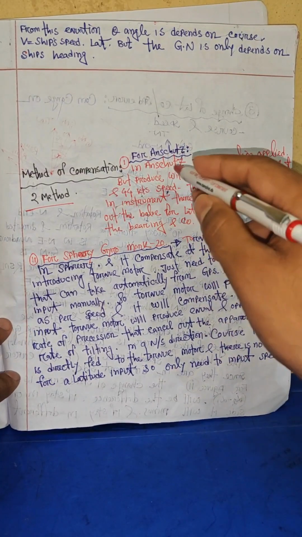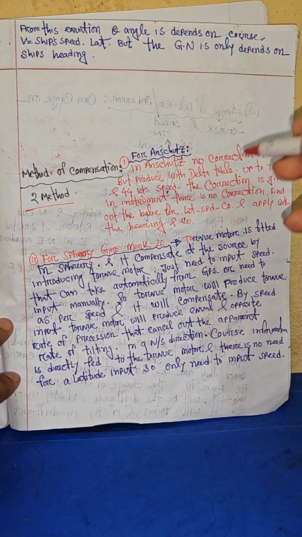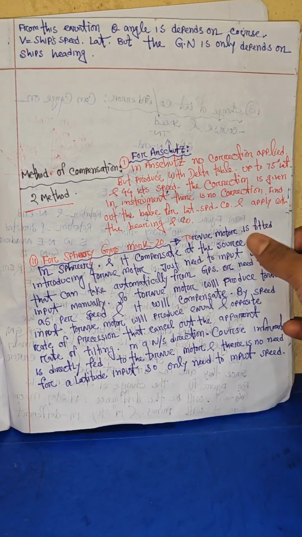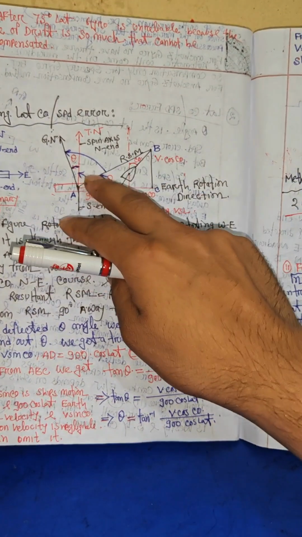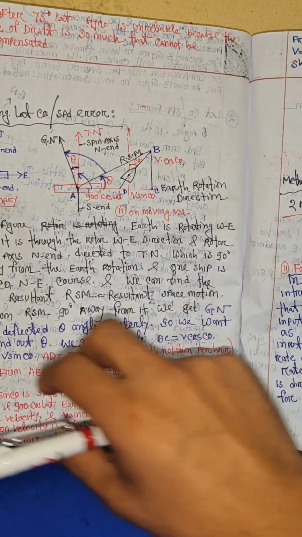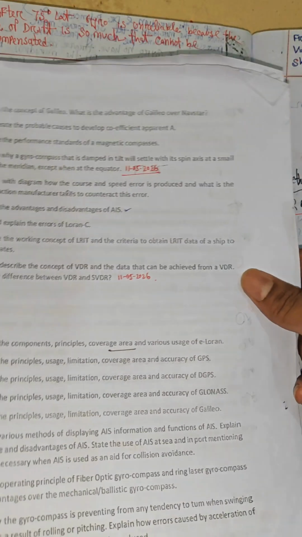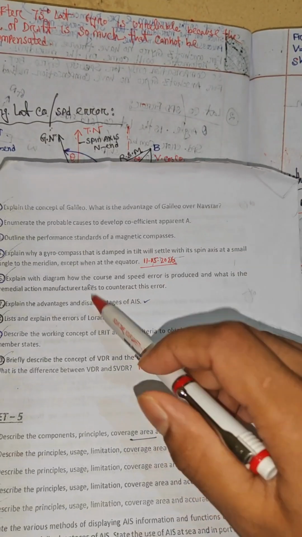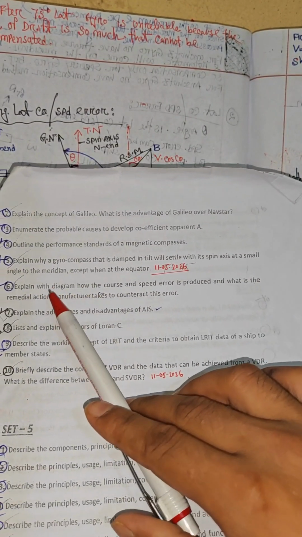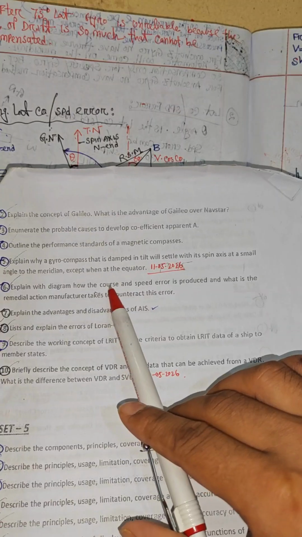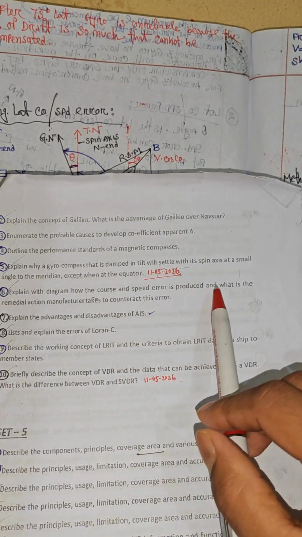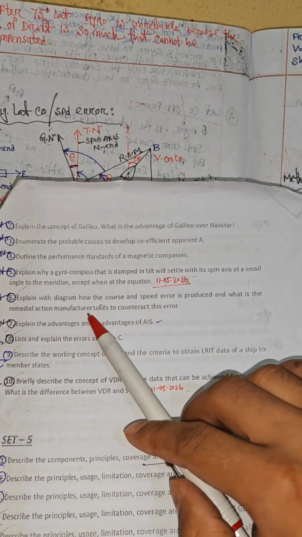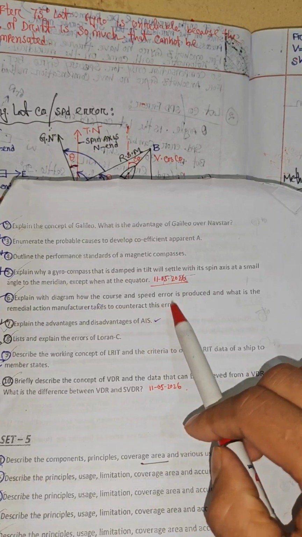Okay, but for the Anschutz gyro there is no correction, they provide the delta table. Okay, so I think you understand how to find the latitude, course and speed error and what this error is. And if you get a question, like: explain with a diagram how the course and speed error is produced and what remedial actions the manufacturer takes to counteract this error.